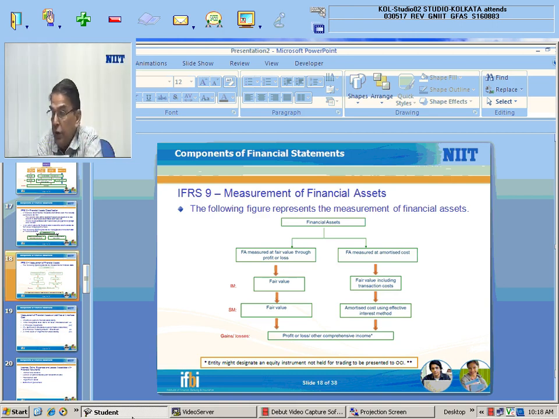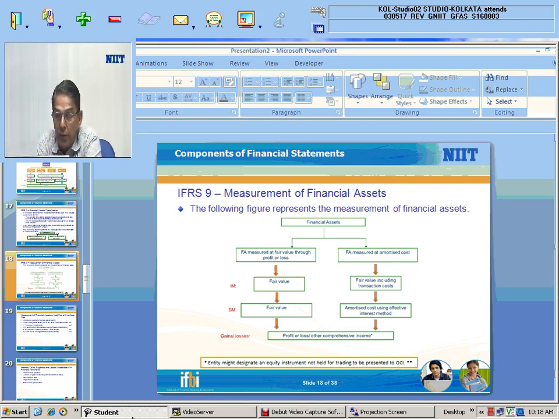The gains or losses, the profit and loss due to the difference between the two measurements, will be transferred either to the profit and loss account or to other comprehensive income. For example, an entity might designate an equity instrument not held for trading to be presented in OCI.